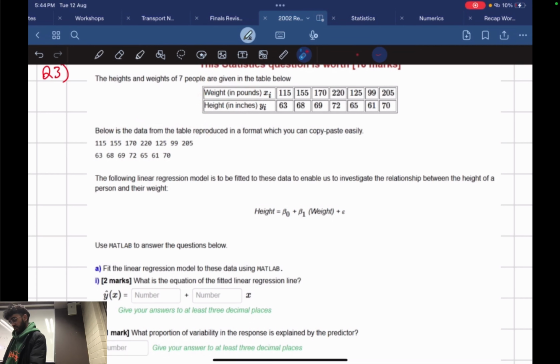Anyways, what we need to do here is find the linear regression line, so to find beta 0 and beta 1. To do that, we're going to use MATLAB. There's a certain function you can use called fitlm. Fitlm means fit linear regression model. That's literally what it means.